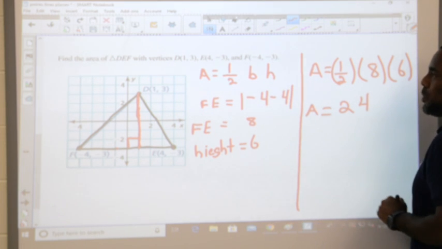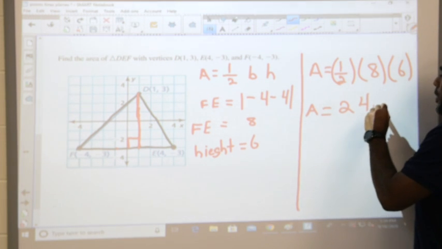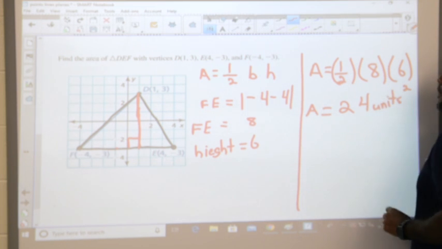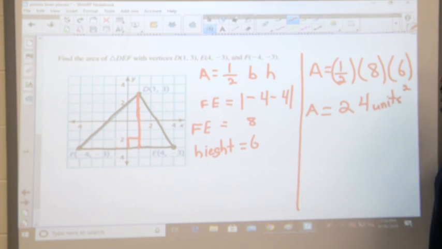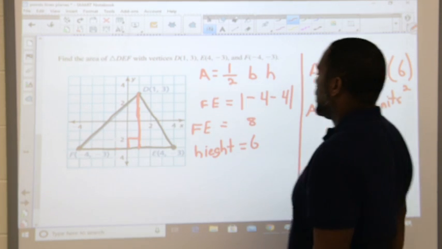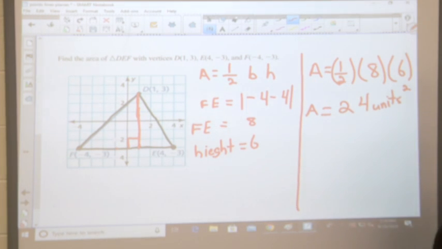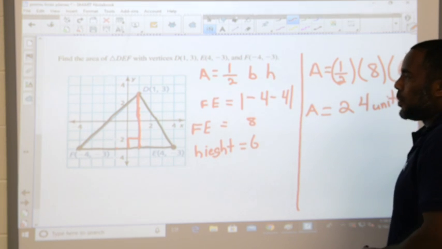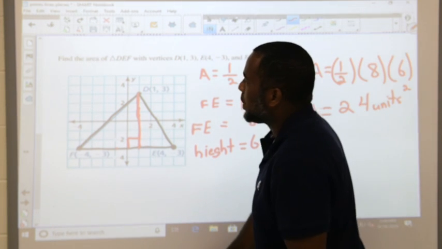Now it's not just 24, it is 24 units squared. This is actually important here, because you're looking at a two-dimensional space. It is going to be a square unit, so 24 units squared. And then you are done with that problem as far as area.